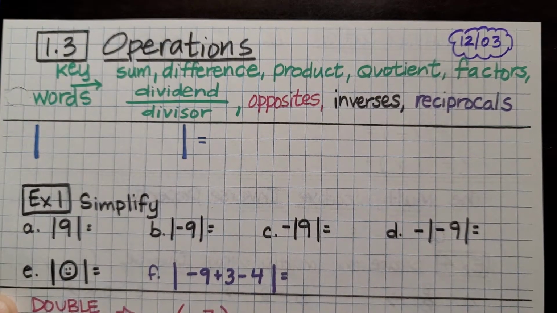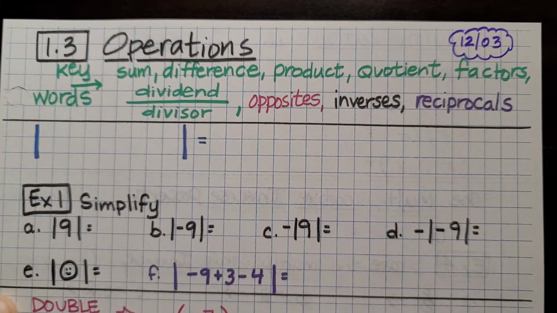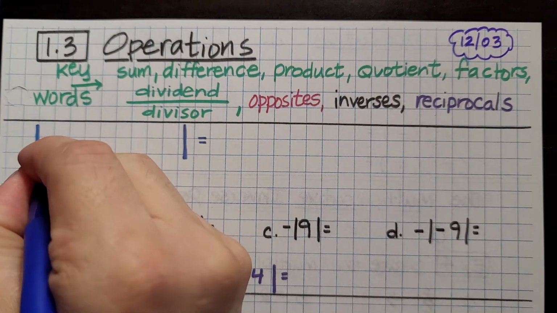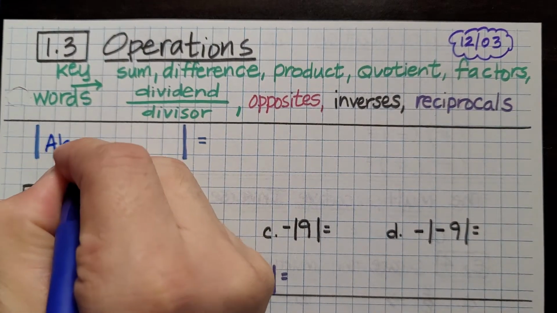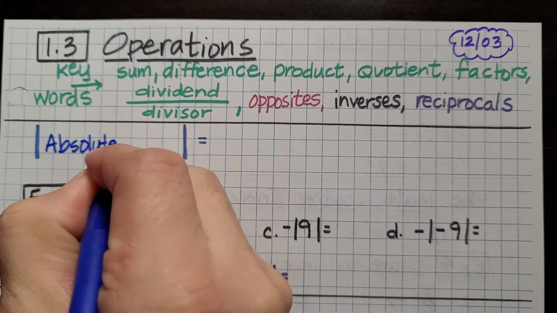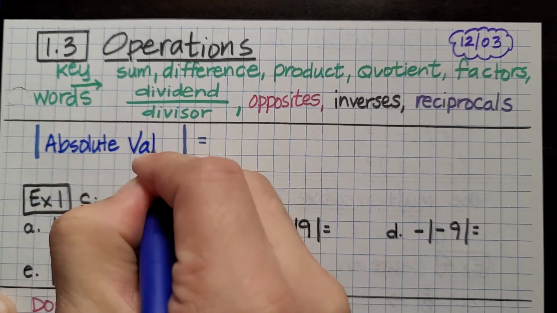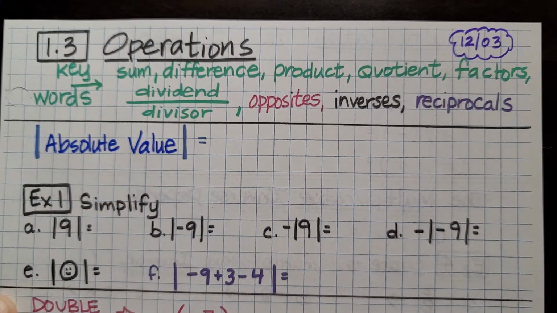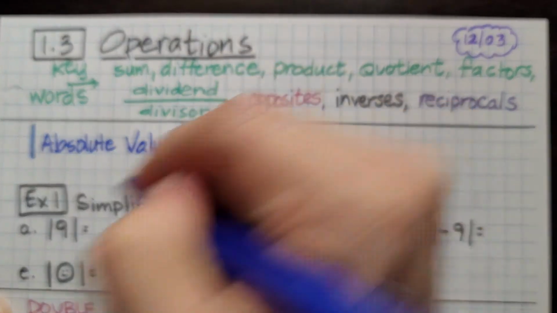And I want to hopefully incorporate a new definition or understanding of absolute value using your previous knowledge. So let's start with absolute value. These are the symbols right here for absolute value.